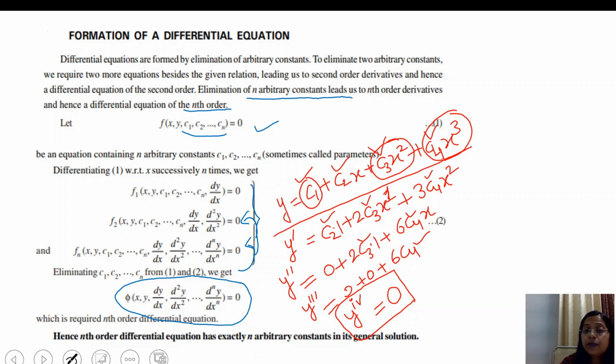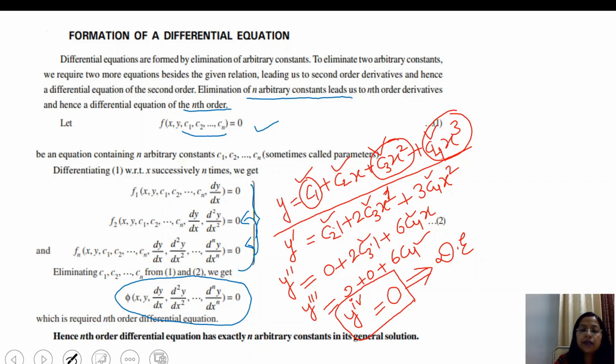This gives me an idea of how many times I should differentiate this solution. That's why I differentiated it 4 times, and that gives me the result. In this way we can form the differential equation by removing arbitrary constants from the solution.